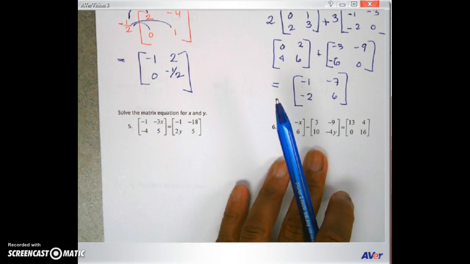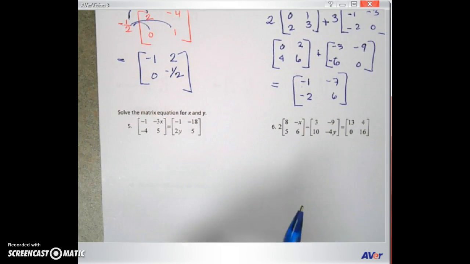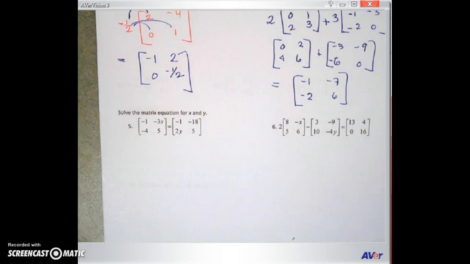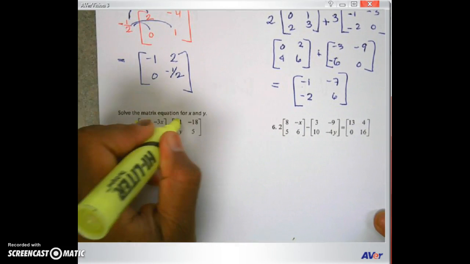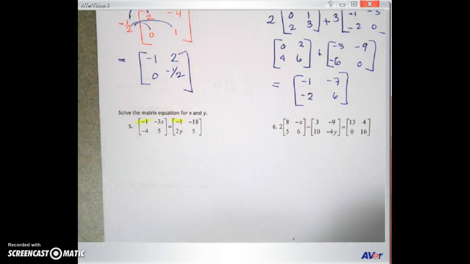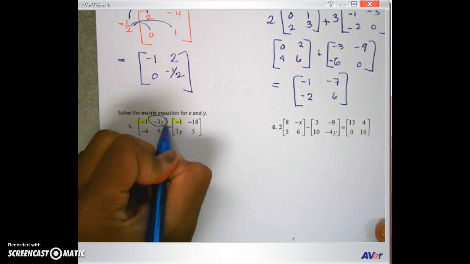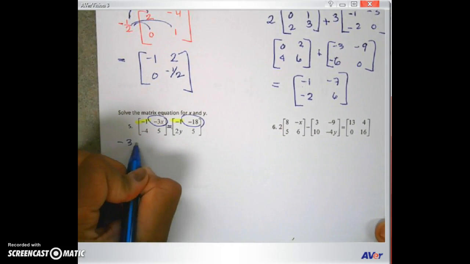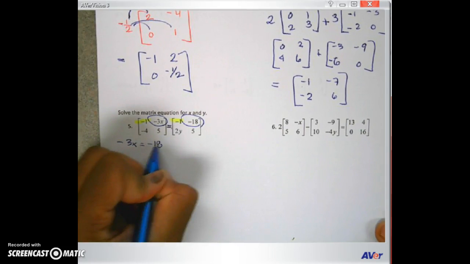Okay, there are certain situations where we can solve for variables, and this would be one of them. Main thing here is making sure that all your positions match up. So your negative 1 is in the same position as negative 1. Great, because they are equal. But with that, we can also say that negative 3x is equal to, from this sign in the middle, negative 18.